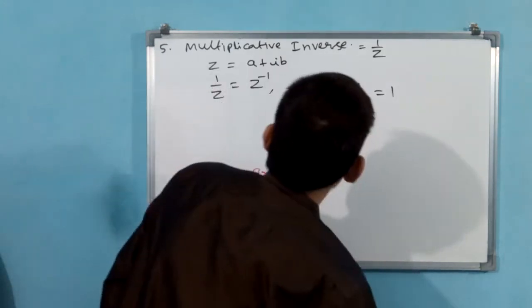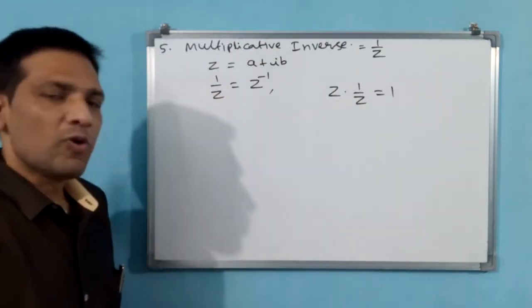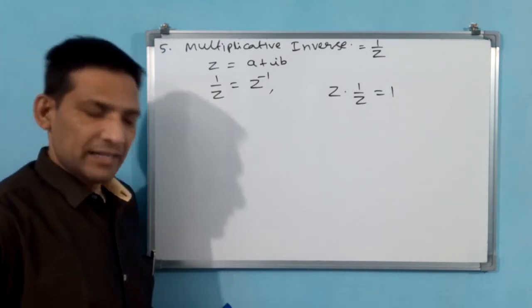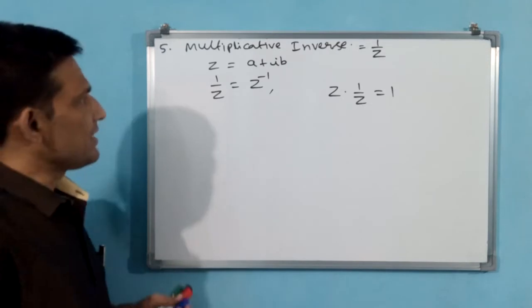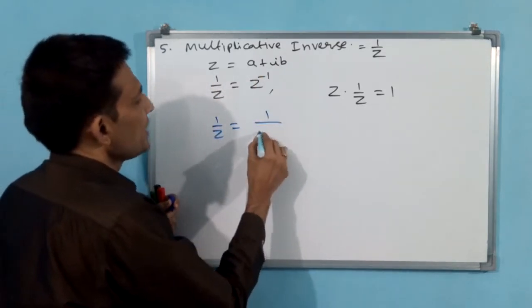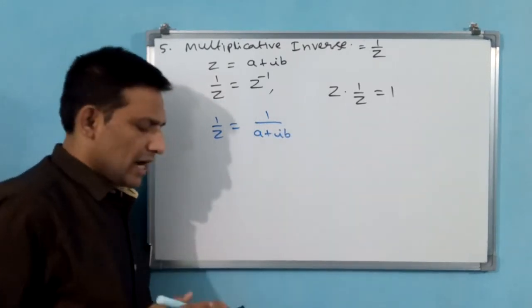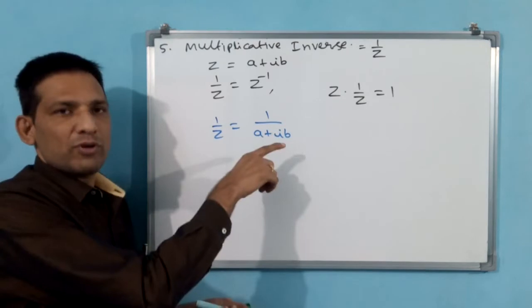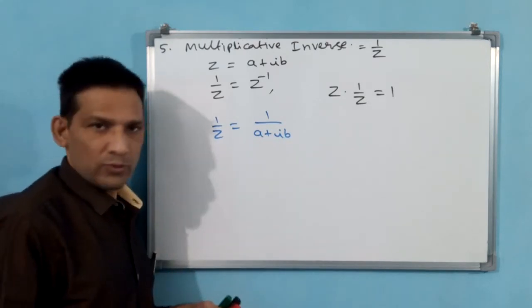But we have written it in a normal form. How to know what will come? See, what is 1 by z? If z is that one, 1 by z is equal to 1 by (a plus ib). Until now we know a plus ib only in the numerator. If a plus ib comes in the denominator, how to convert we don't know.